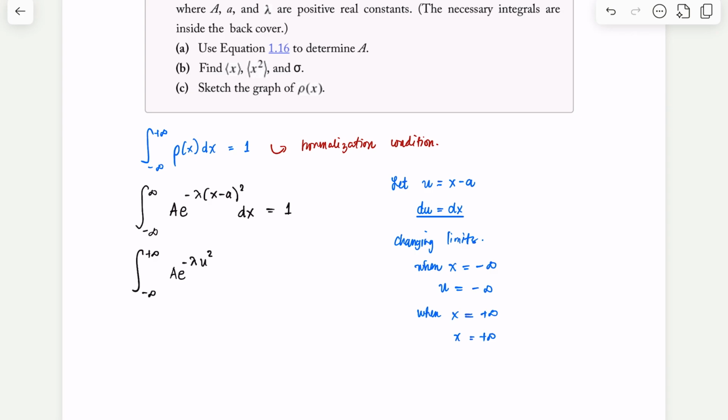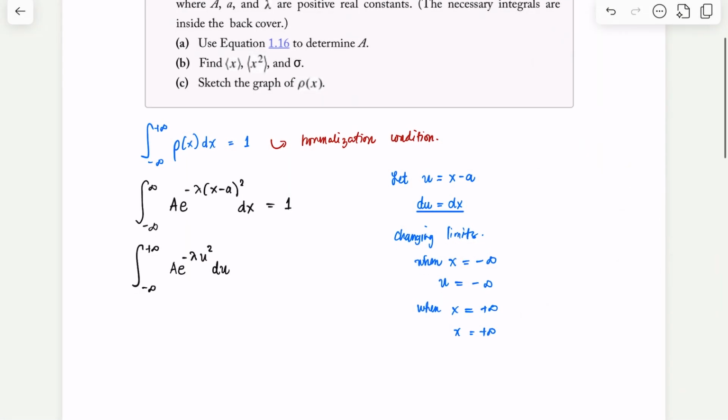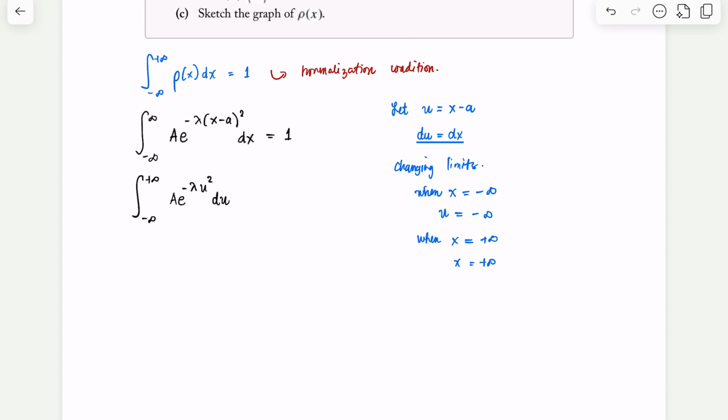And the dx should also be changed. We understood earlier that dx is just equal to du, so dx now becomes du. It's a good thing we have also already changed the limits. So always remember to change the limits when you change your variable. Sorry about that. So this should be equal to 1.